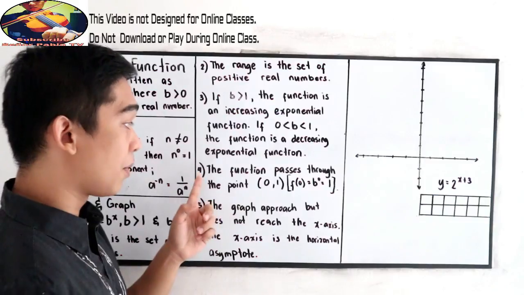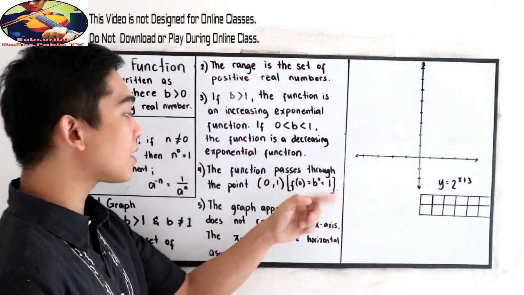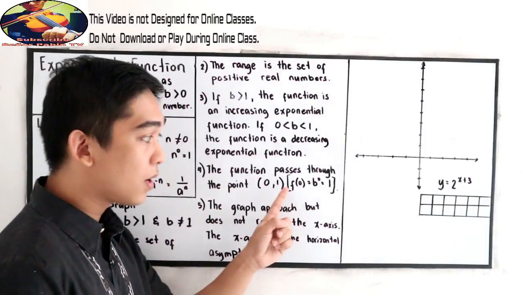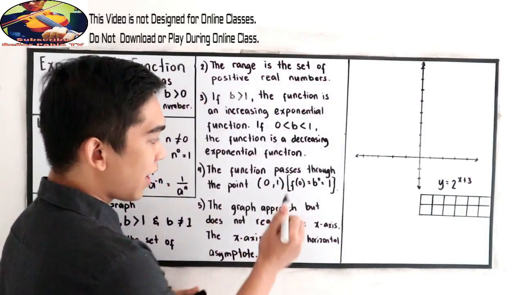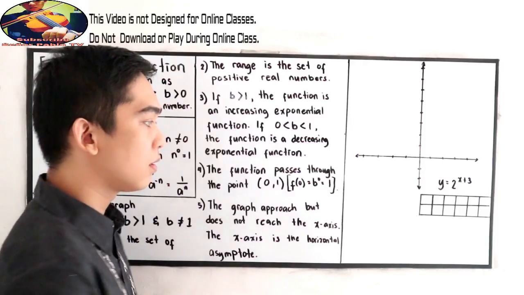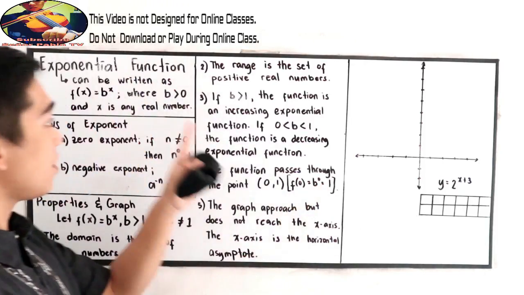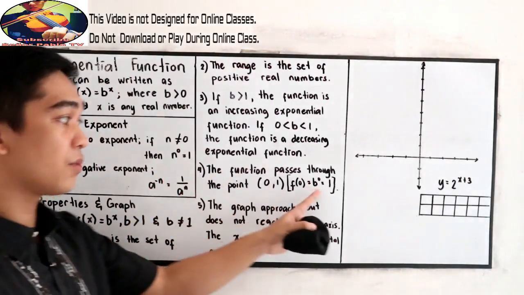Then, number 4, the function passes through the point (0, 1). Why? Because f(0) is equal to b^0, and b^0, or n^0, is equal to 1.